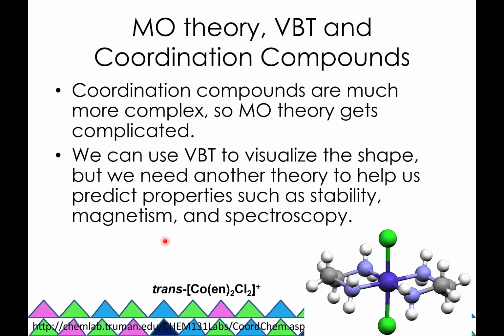So it takes quite a bit of calculation power to get information on these complex ions based on molecular orbital theory. For coordination complexes, we can use valence bond theory to visualize the shape, but we need another theory to help us predict properties such as stability, paramagnetism, and spectroscopy.